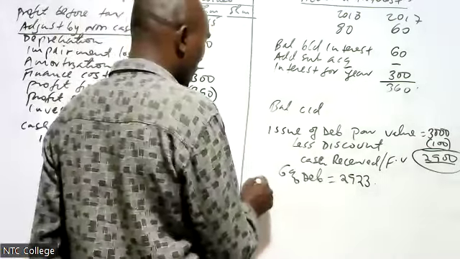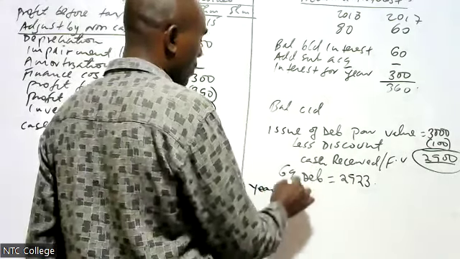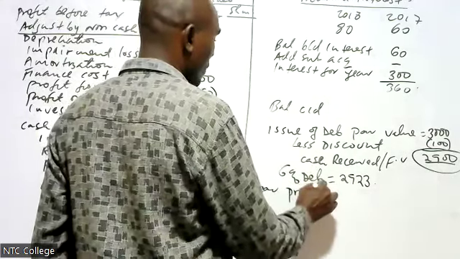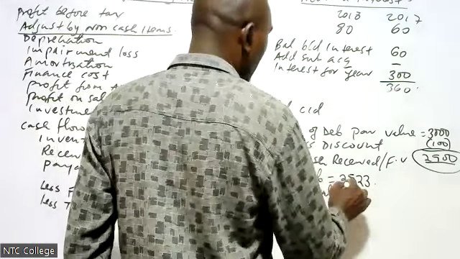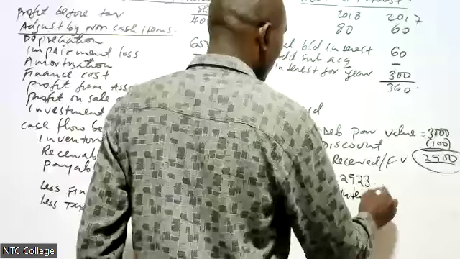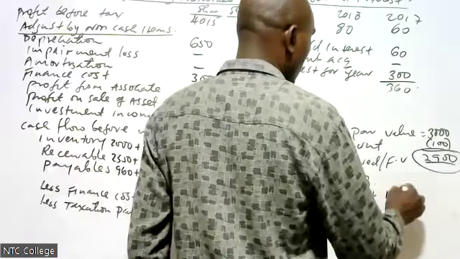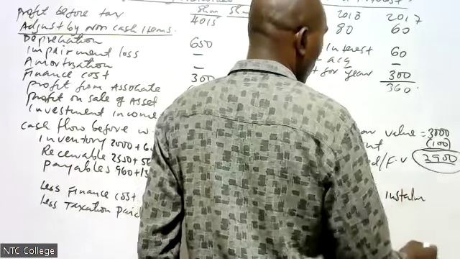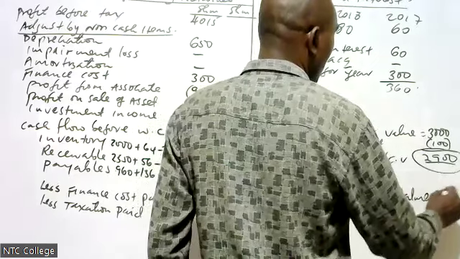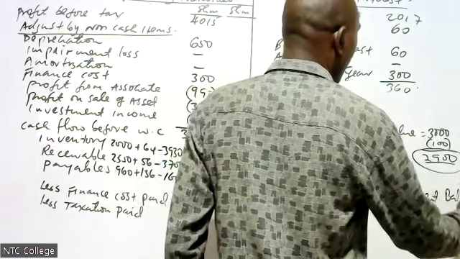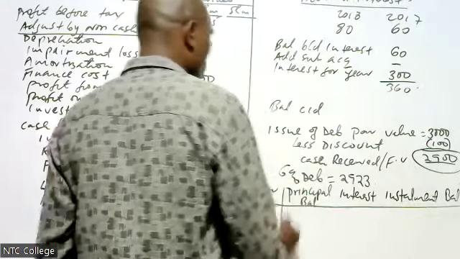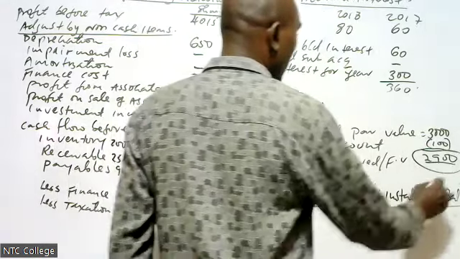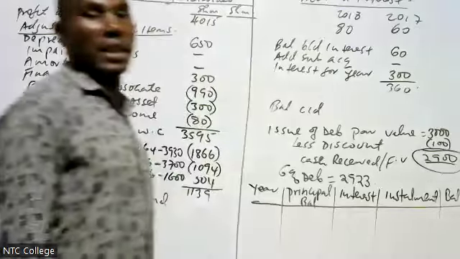We say here, principal balance, then effective interest, installment, then balance carried down.